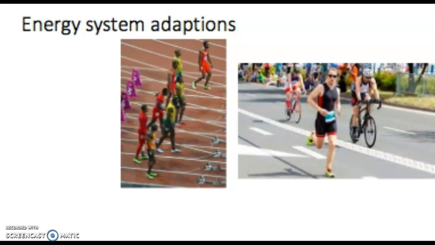Energy systems can change due to the amount of PC and glycolytic stores that can build up. These can be changed by high levels of training for a fairly long duration of time. For instance, if you want to change your energy stores, you will have to train at least 4 times a week for a good 3 months to notice a significant change, which means that the 100-meter athlete will need to train at high intensity to improve their energy stores, so they can increase them, and so they can avoid OBLA.